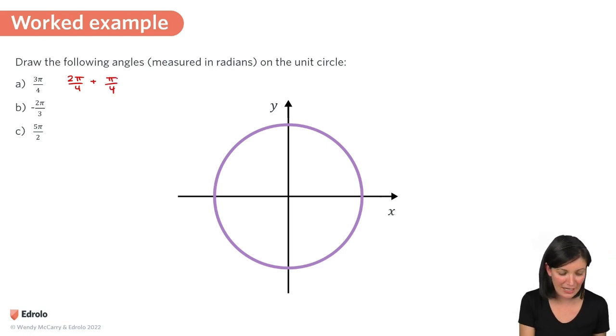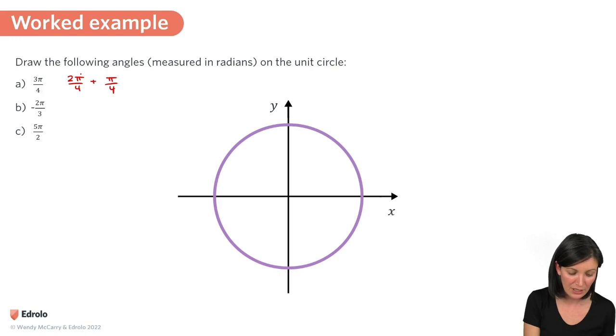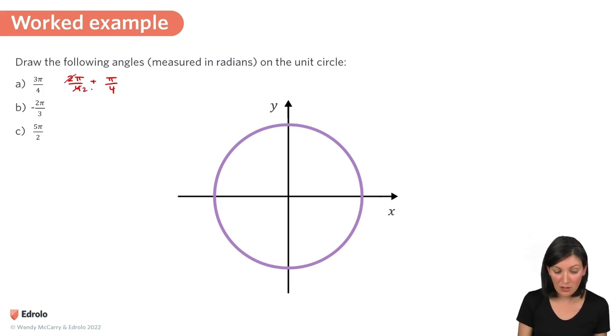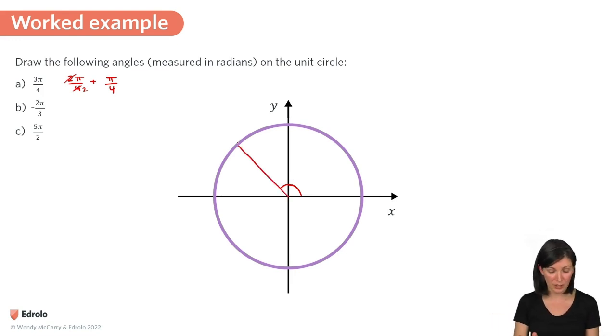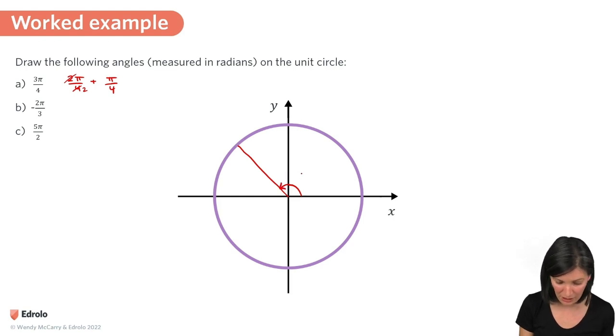And the reason I've done that is because I know 2 pi on 4 is actually pi on 2, isn't it? So I know that 3 pi on 4 would have to be pi on 2, which gets me to here, plus another quarter. So it would be somewhere in that second quadrant. Okay, so this angle here is our 3 pi on 4.